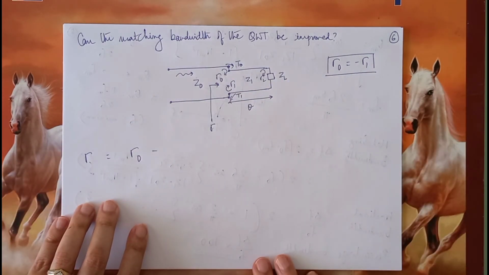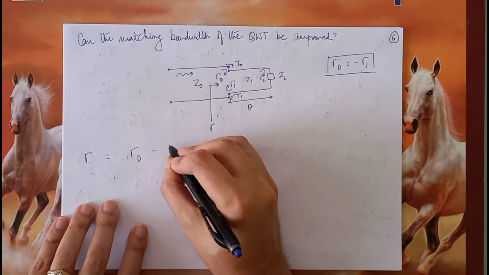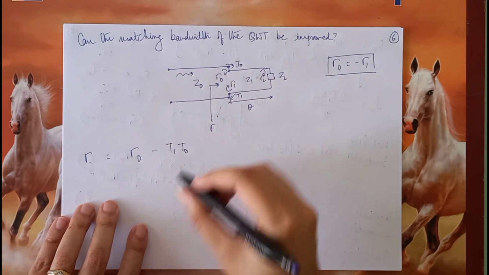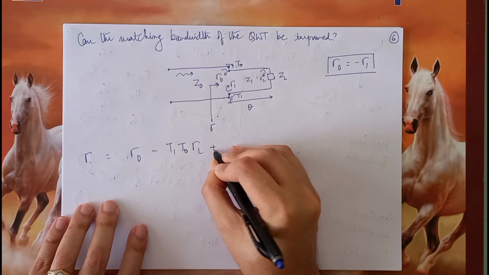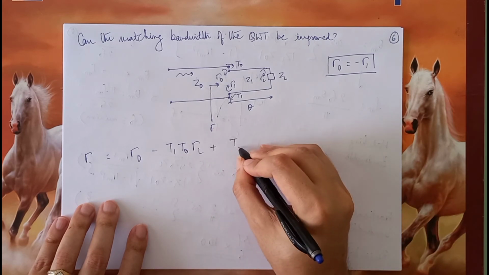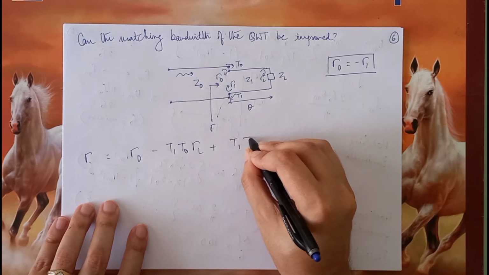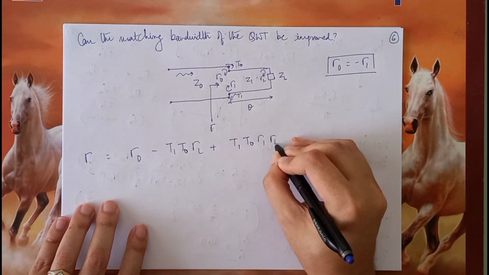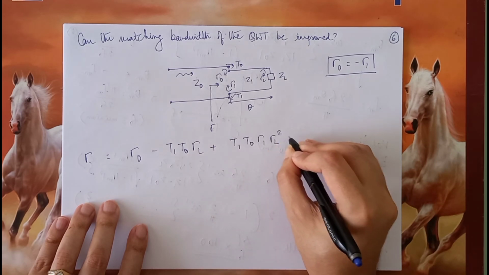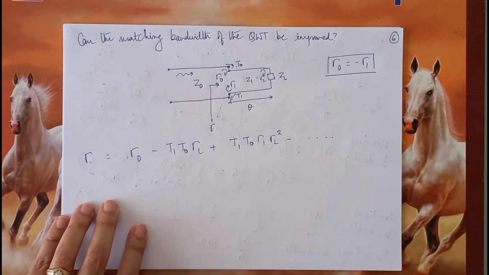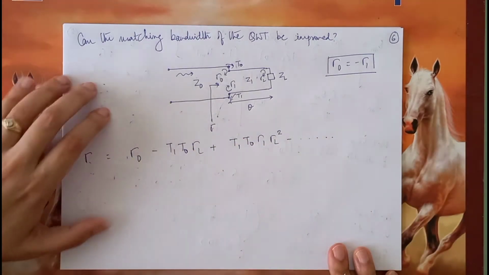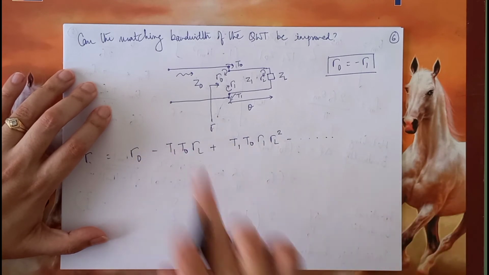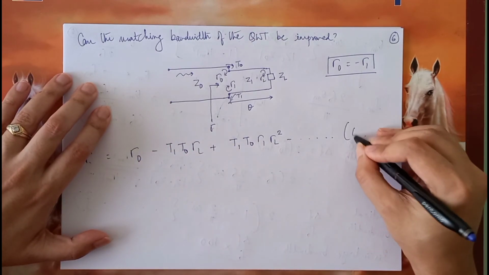So it looks like this: T1, T0, gamma L plus T1, T0, gamma 1, gamma L square minus, and so on. So you had positive and negative terms alternately. This is for the QWT.